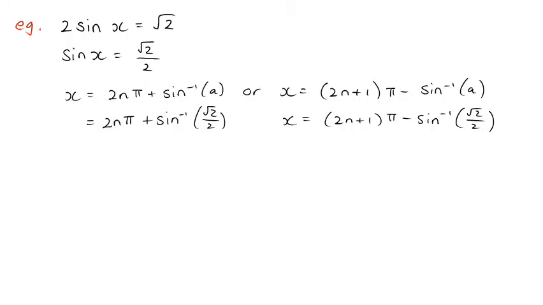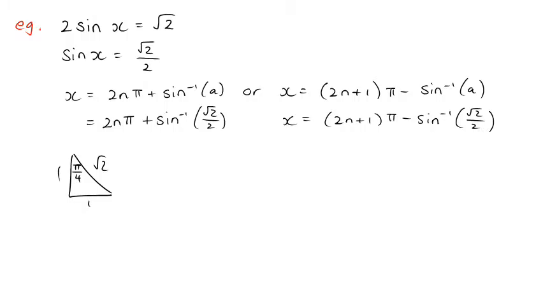Any ideas? I'll give you a clue. We're talking about sine, so opposite over hypotenuse. What do we multiply our triangle by? Times what? 2. Not quite.